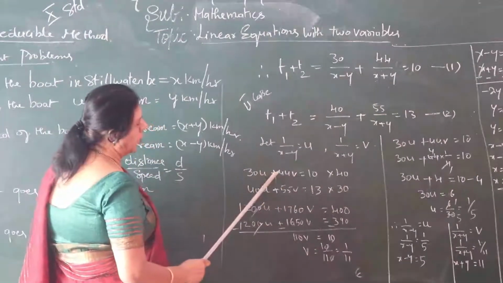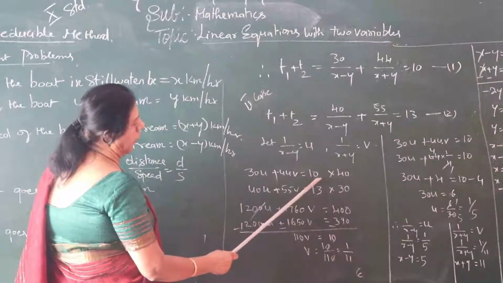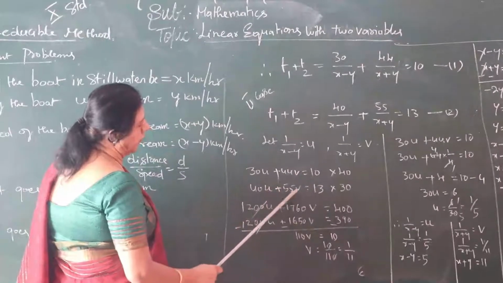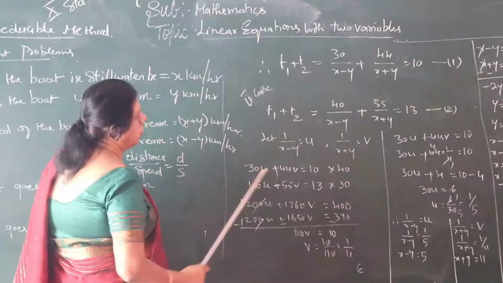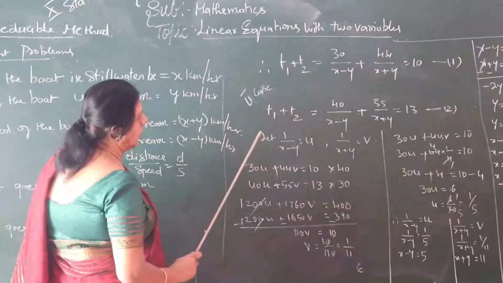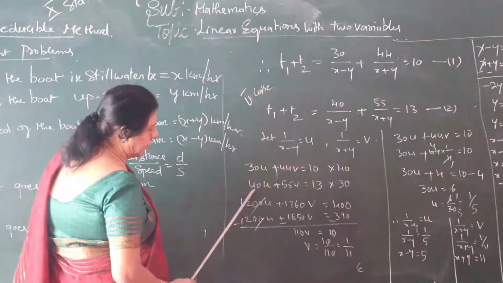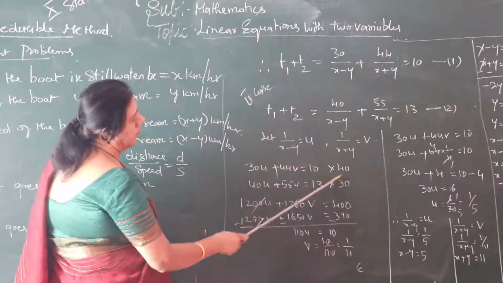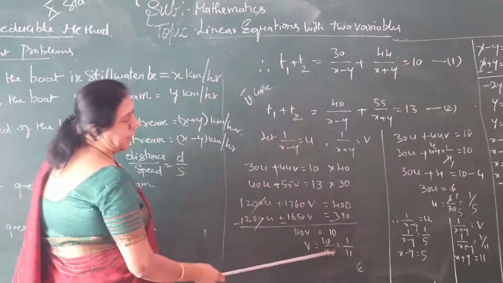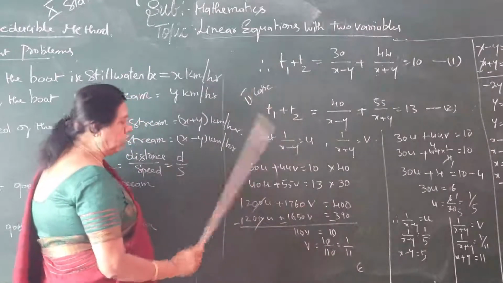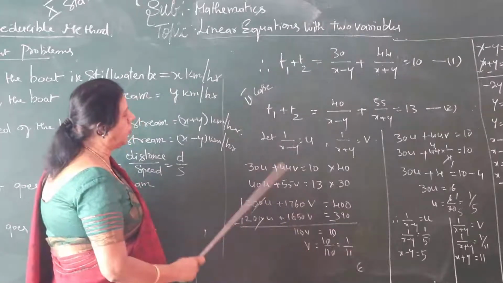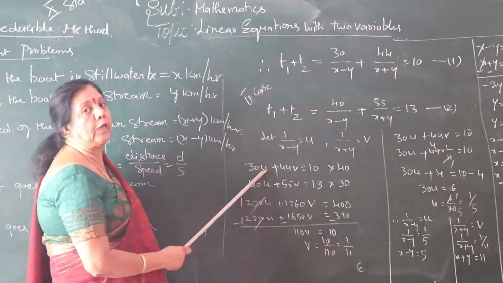That is 30 u plus 44 v is equal to 10, and 40 u plus 55 v is equal to 13. So multiply the first equation by the coefficient of u of the second equation, and the second equation by the coefficient of u of the first equation. You are getting this one, so you find the value of v. Then you have to find the value of u.